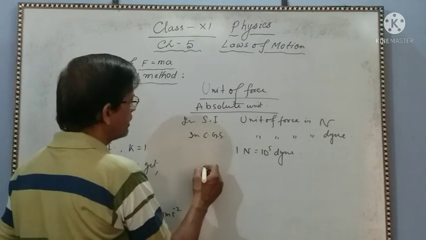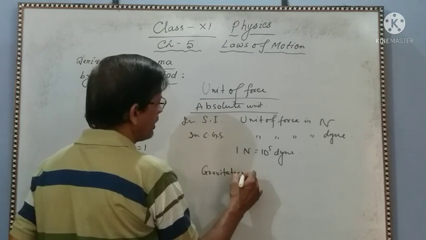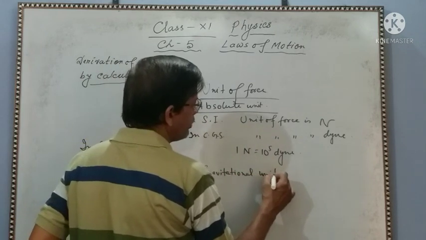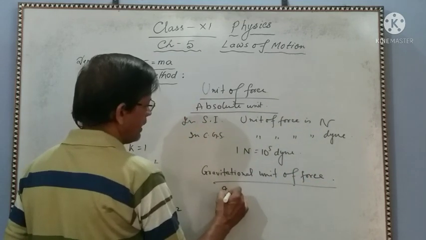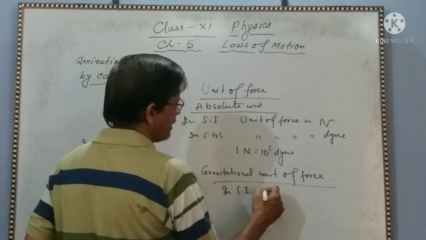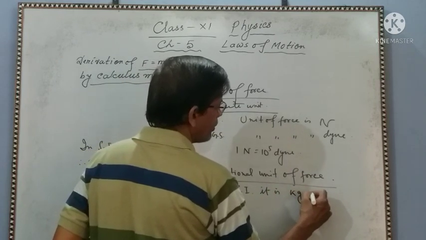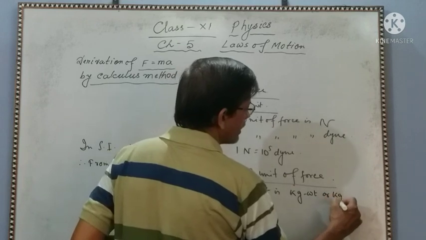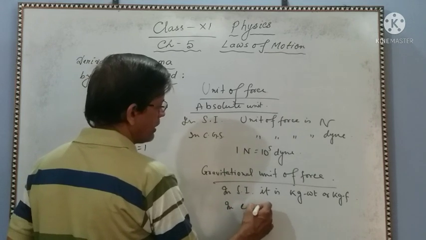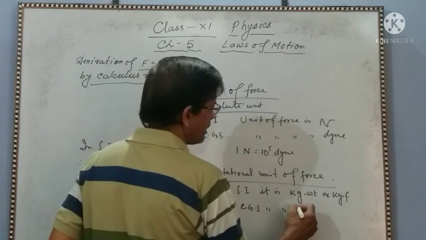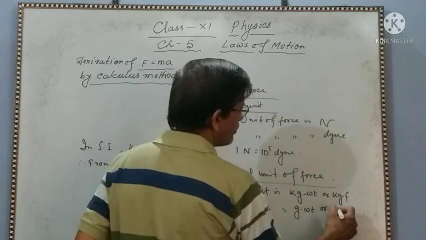And the gravitational unit of force, in SI, it is kg weight or kg force, and in CGS it is gram weight or gram force.